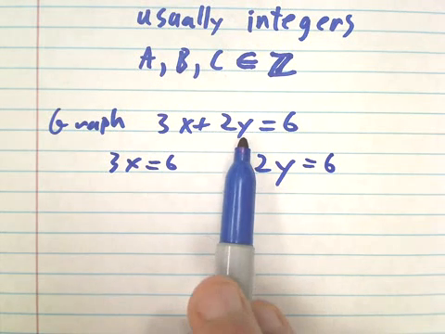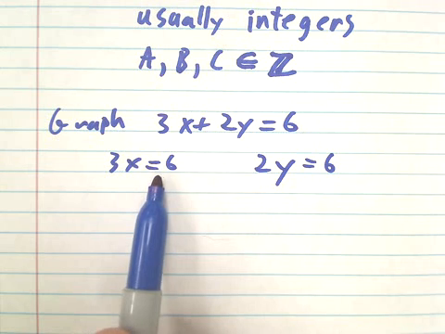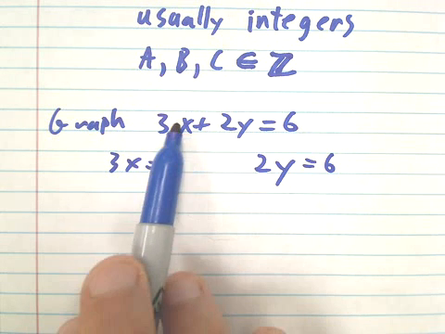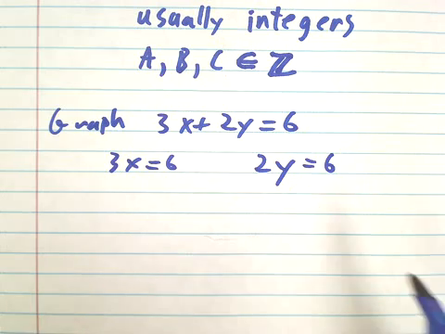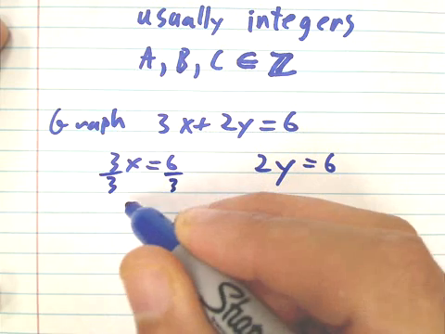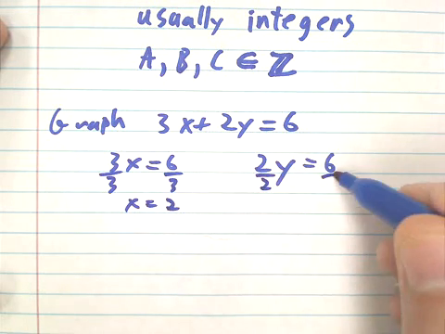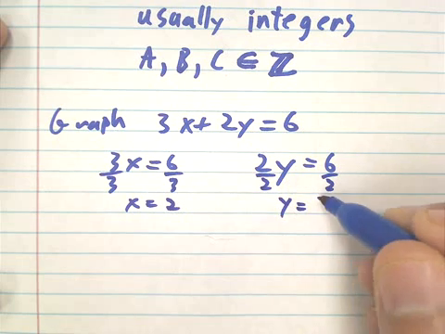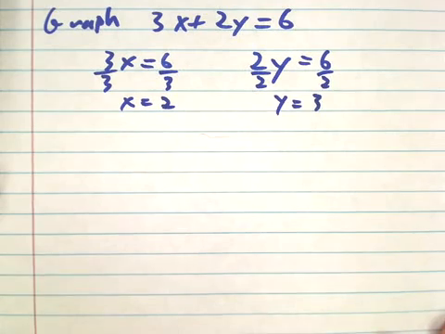So if you put in 0 for y, this term disappears and I get 3x equals 6. And if I put in 0 for x, this will go away. And this is left over. But I'm not terribly worried about that at the moment. So let's divide by 3 here. These are easy peasy to solve. X equals 2. Divide by 2 here. Y equals 3. So once you have this, it is super, super easy to graph.